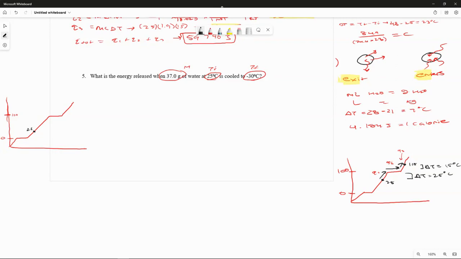And you're moving down, hitting this point right here, converting from a liquid to solid, and you're hitting eventually at a temperature of negative 30 degrees, which is right there. So we're going to look for a total of 3 Qs.